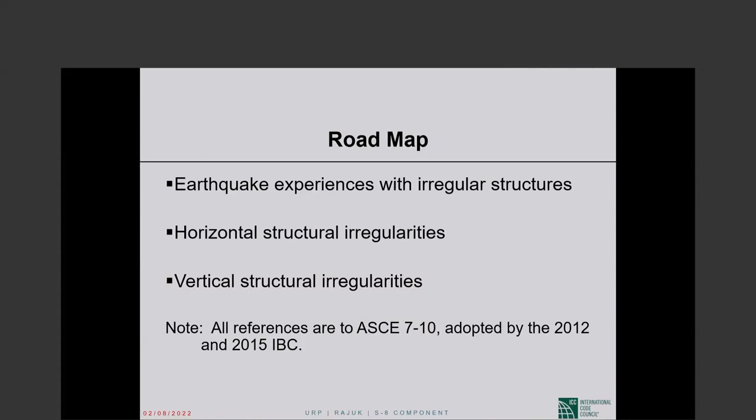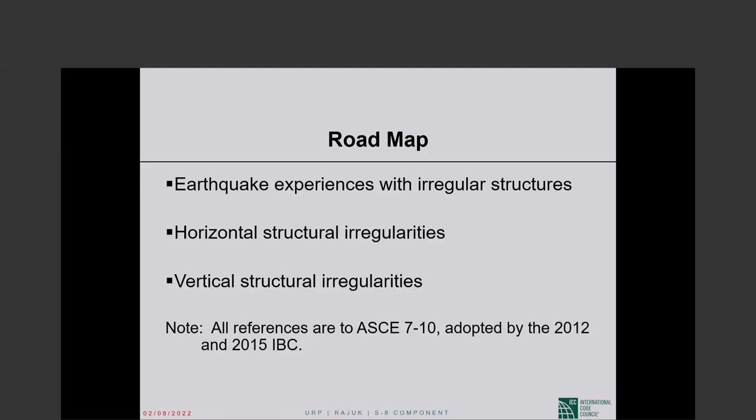I showed you the lists from BNBC, which are the same as from ASCE 7. In this segment, all references are to ASCE 7-10 rather than '05. ASCE 7-10 was adopted by the 2012 and 2015 IBC.